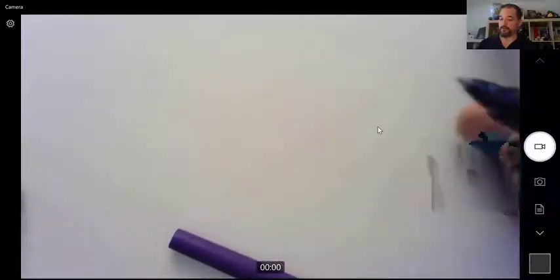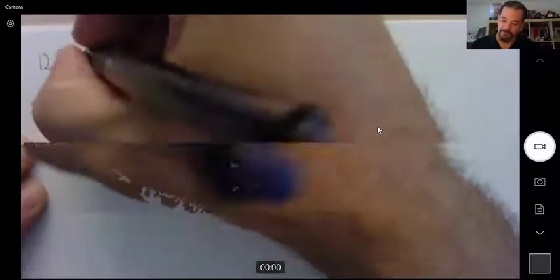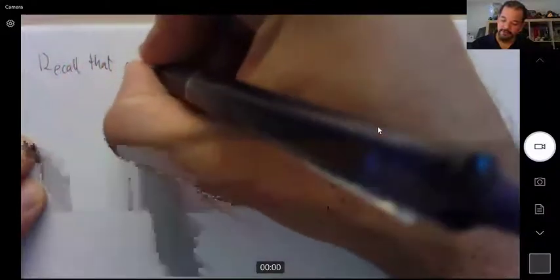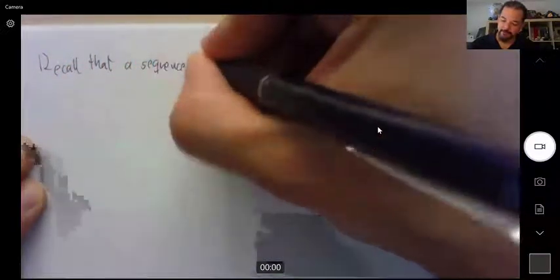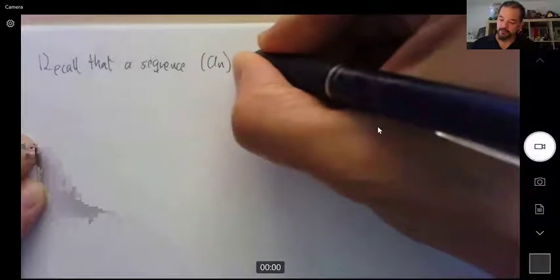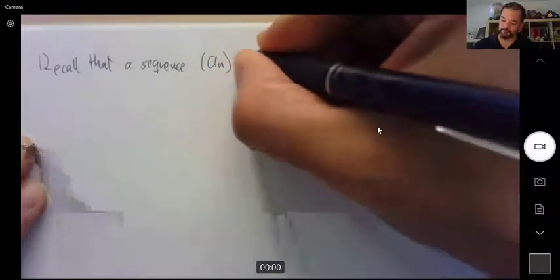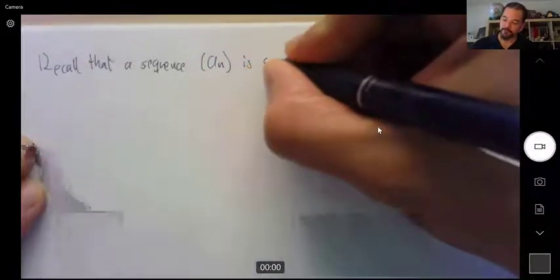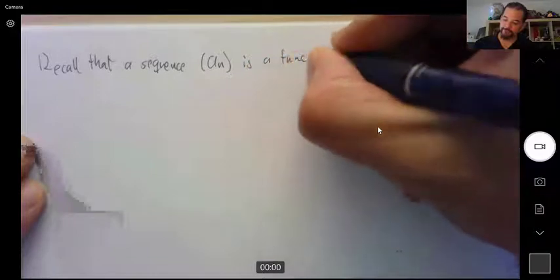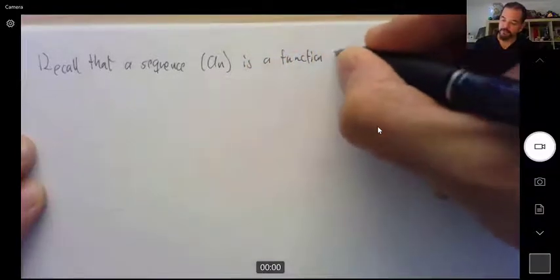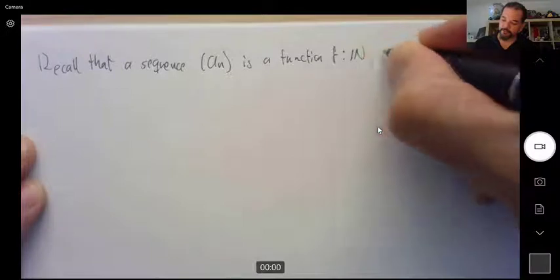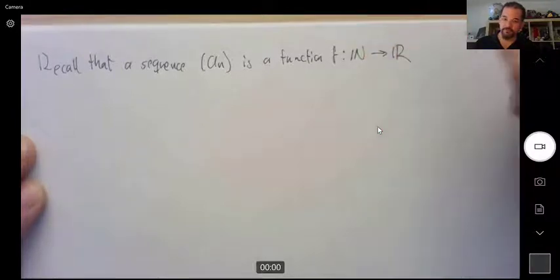So last class, we defined what a sequence is. Let me just write a little recall here. Recall that a sequence, we write it like this, a_n, is a function f from the natural numbers to the real numbers.